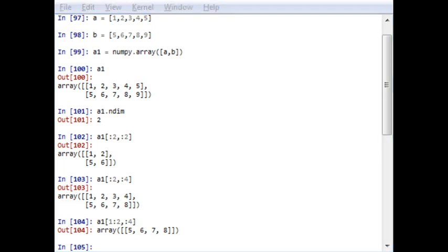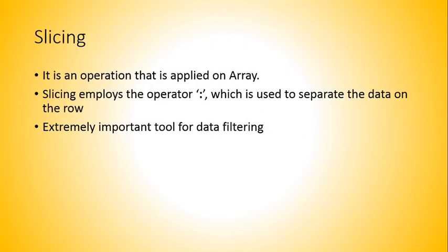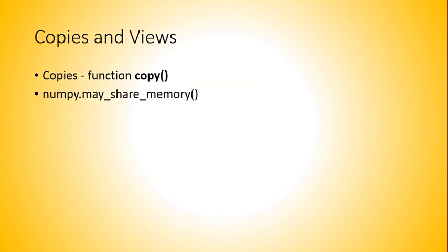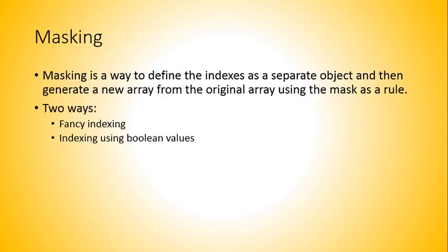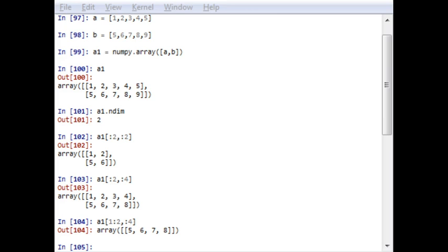Moving forward, we will go about copying. I talked about slicing. Now copies and views, and then we'll talk about masking. Copying and viewing is not much different in Python. From a memory usage point of view, slicing operations create a view of the original array.